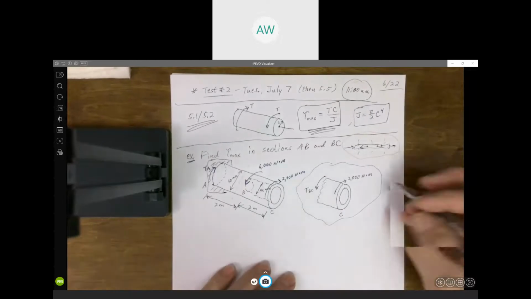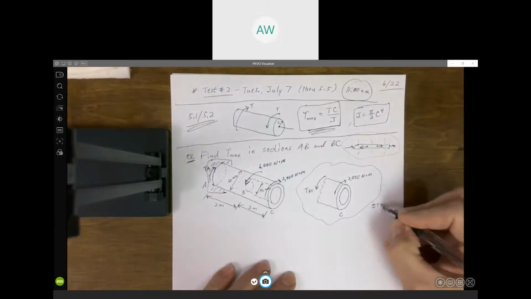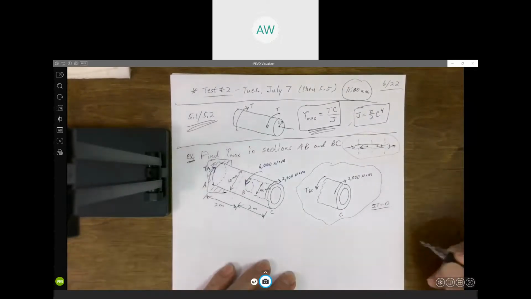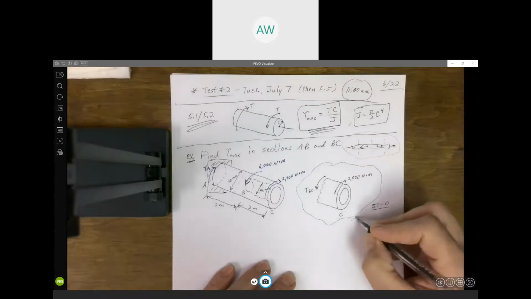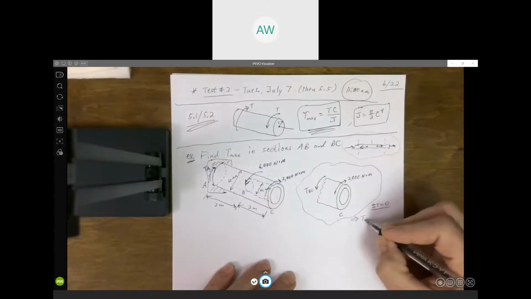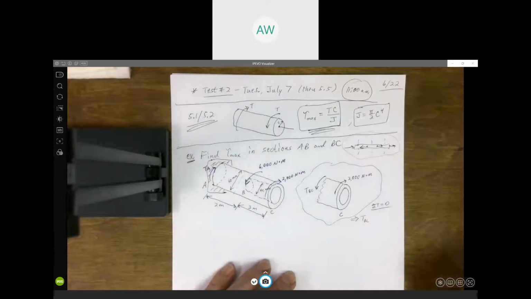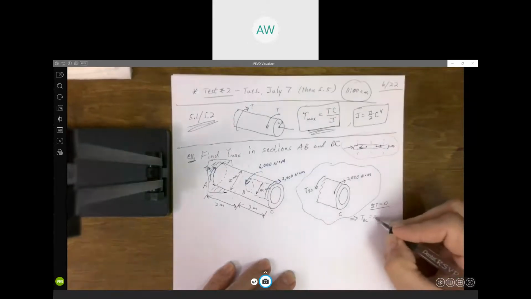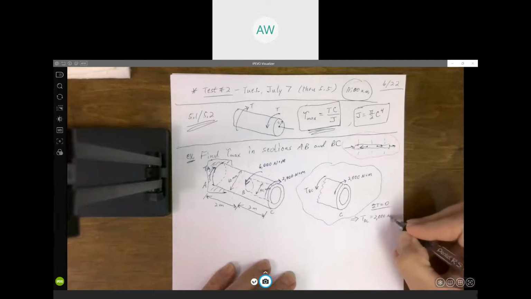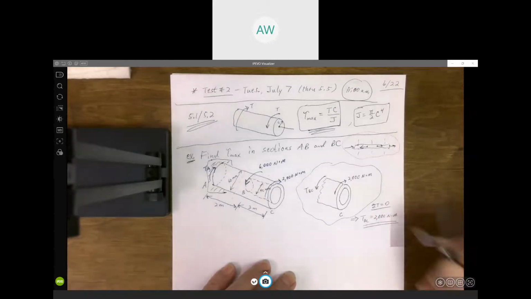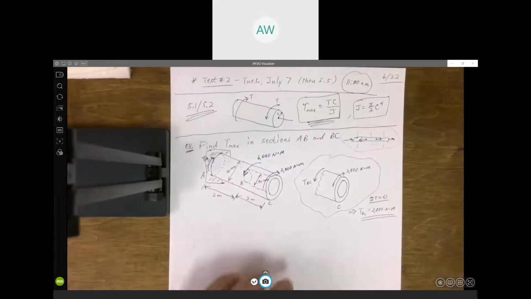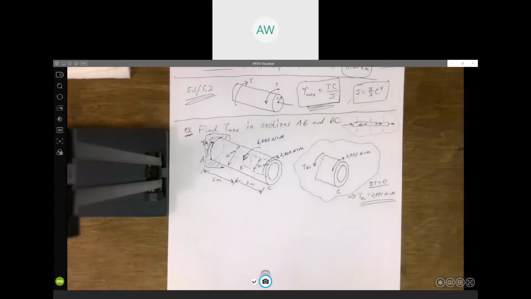Well, the torques have got to add up to 0. Hopefully everybody should be able to just look at this and conclude that the torque between B and C has got to be 2,000. Just from observation, torque's got to add up to 0.